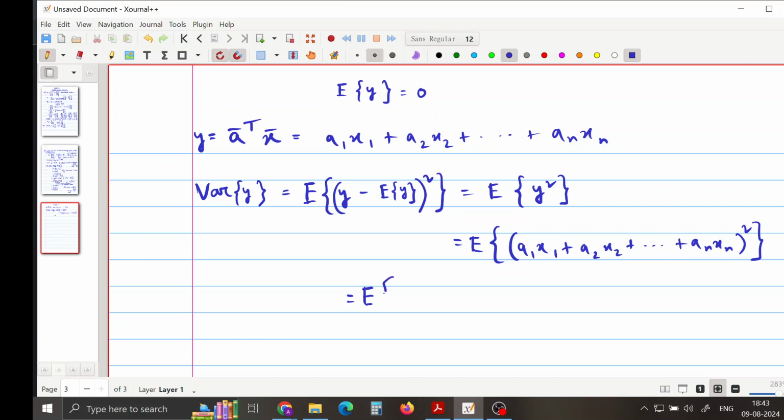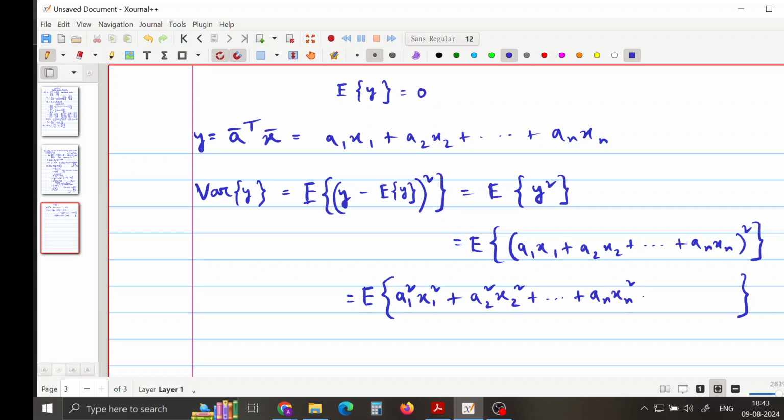So if I square this whole quantity here, what do I have inside the expectation? You take the squares of these elements individually. So the first term squared will be a1 squared x1 squared. The second one would be a2 squared x2 squared, and so on till an squared xn squared.